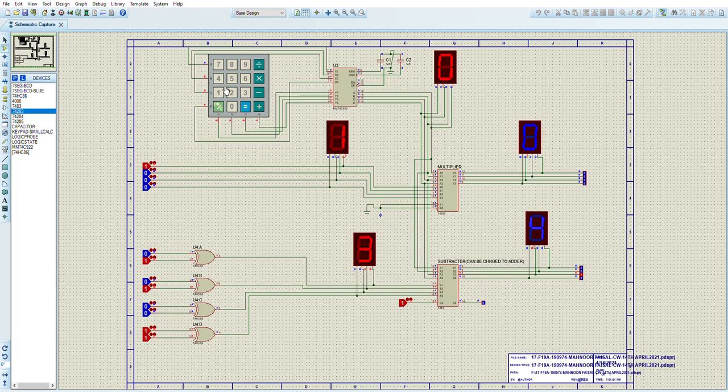So it is working as an adder right now. I turn it off and on. Okay, it's an adder, and now I'll change it a little bit.